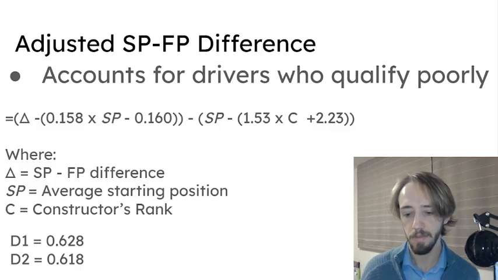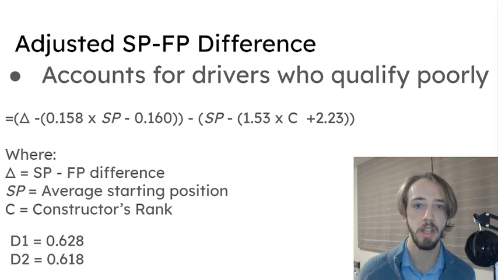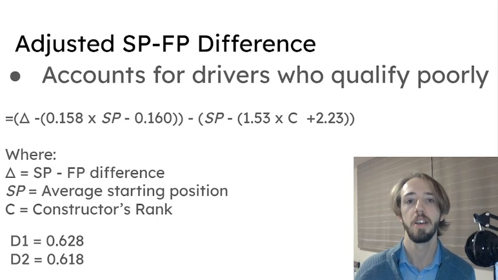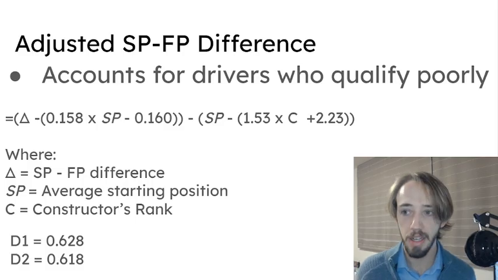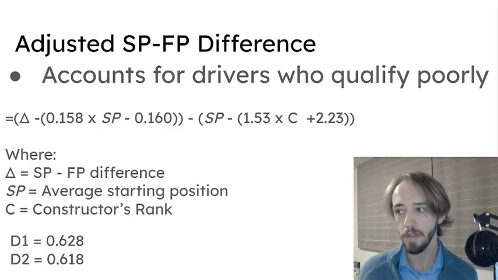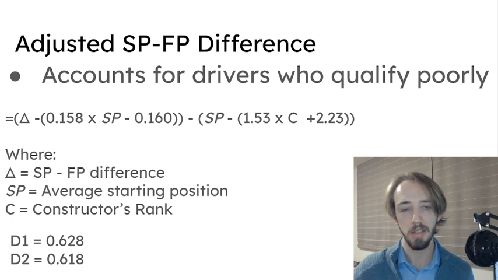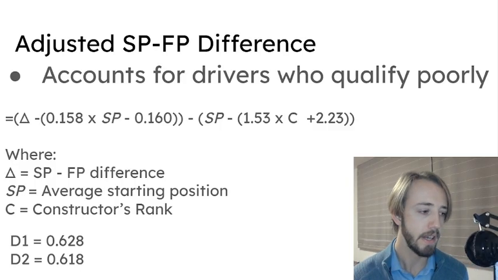So it builds in this expectation that if you qualify out of position, you should be able to improve a certain amount. And on the flip side, if you're a driver who's an exceptional qualifier, but your team's a little bit slower, it makes a little bit of sense that you would perhaps fall back a little bit in the races. So it's basically a buffer against that as well.